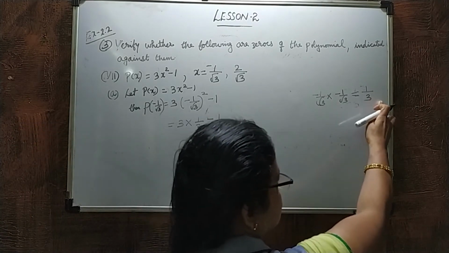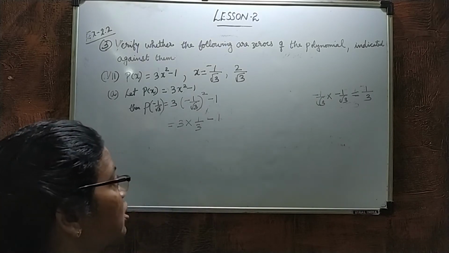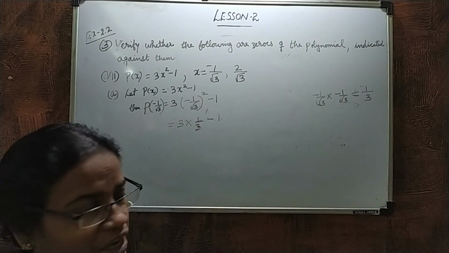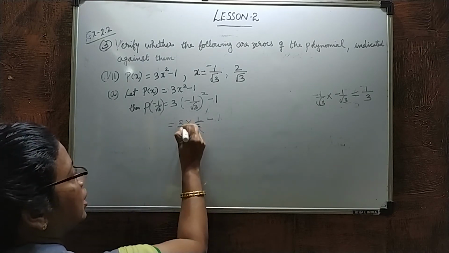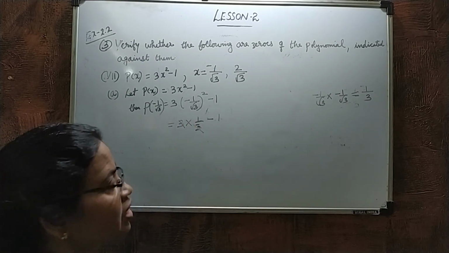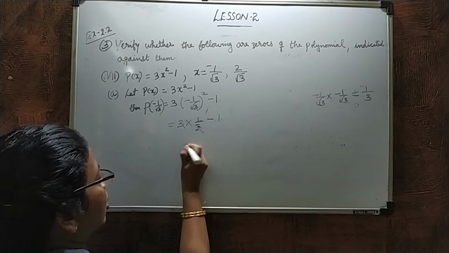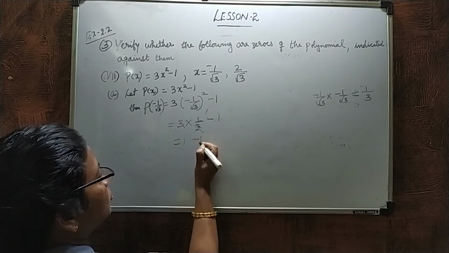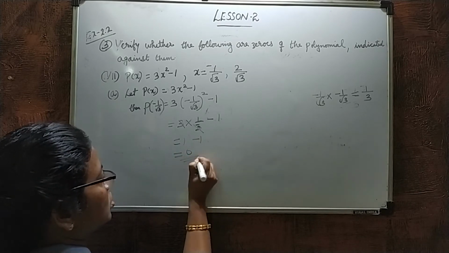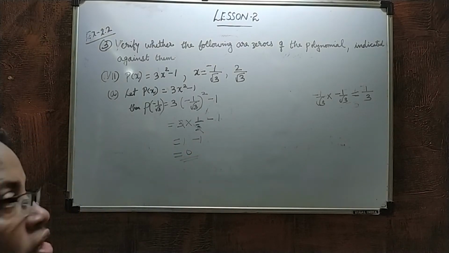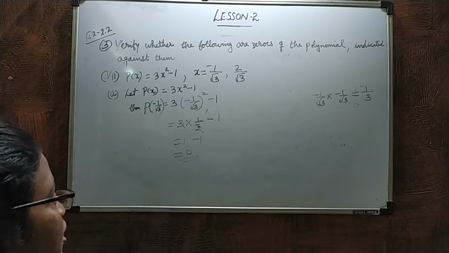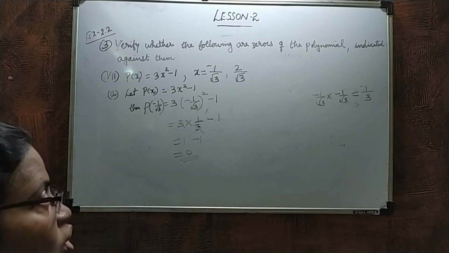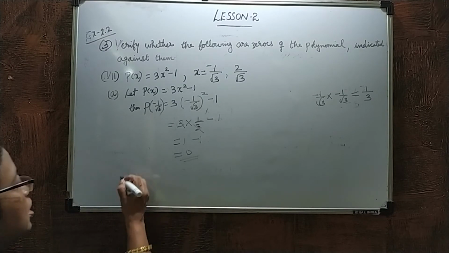No need to put a bracket. Now, 3 and 3 cancelled. Balance, what is the balance then? It is 1 minus 1 equal to 0. Means what? You have to just tell that negative 1 by root 3 is a 0 of the polynomial.